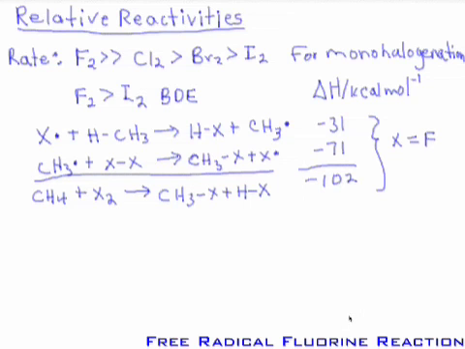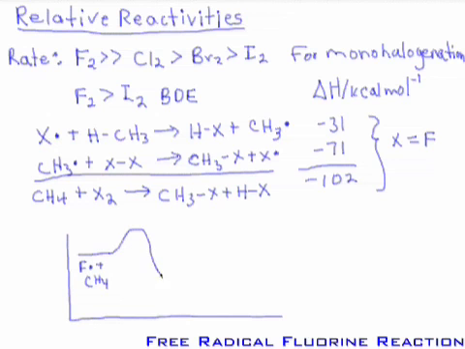Well, it turns out that in general exothermic reactions, the energy of activations tend to be quite small. So we start out here with F dot plus CH4. And we go over a hump for an energy of activation, and it's exothermic, so we drop to a lower place.